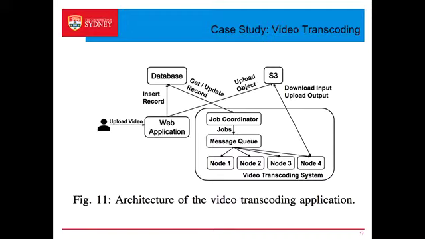The uploaded videos are then transcoded in the background with a batch processing system. And then the transcoded videos are uploaded back to the S3 bucket. This figure is the architecture of the video transcoding application used in our case study.